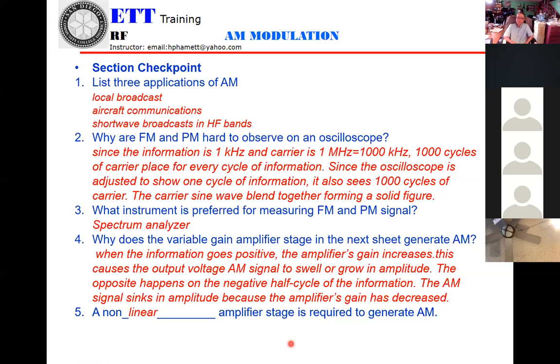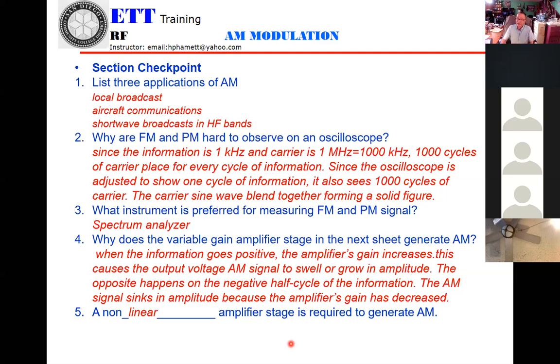Why do FM and PM have to be observed differently than on an oscilloscope? A very good explanation: you can display AM modulation on the oscilloscope, but not FM or PM.